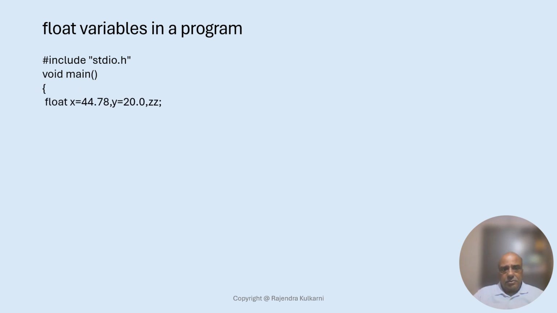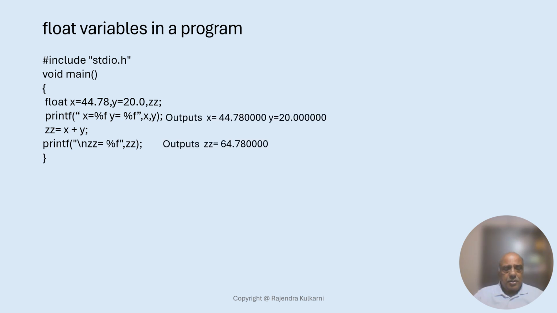For float variables, here is a simple small program. We have declared x and y as float variables and the third float variable as zz. We can declare a variable of type float, or any type of variable, in one single line.